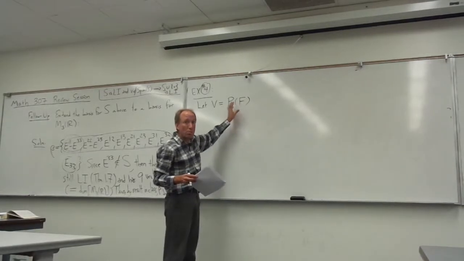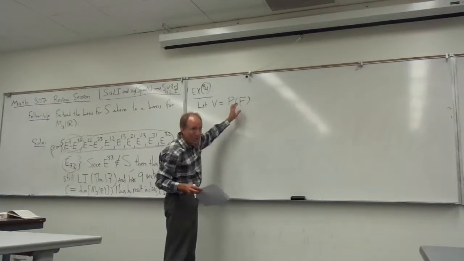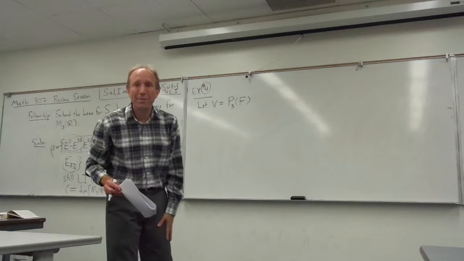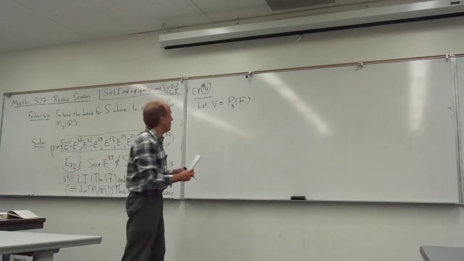These polynomials don't have to be third degree. If you take just the third degree polynomials alone, you won't have a vector space. It won't be a vector space. So you need to allow the polynomials to have degree 3 or less. Okay?